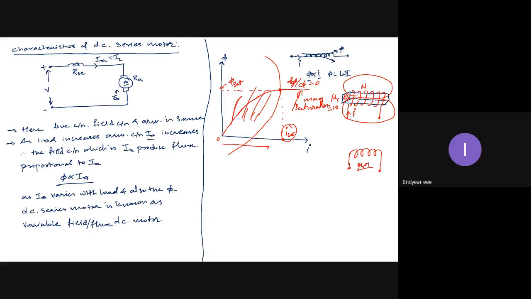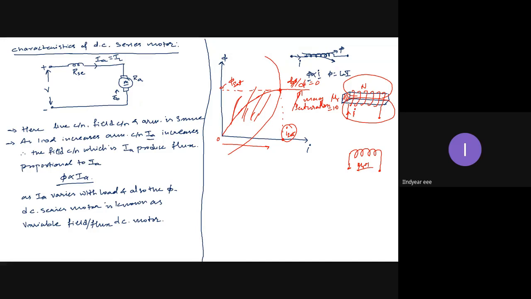So the number of turns in a DC series motor should depend upon the maximum value of current that the DC series motor can carry, because it is the turns into current that will decide the flux. Flux is always proportional to ampere turns. If ampere turns are high, flux produced is high. If flux produced is beyond the saturation point, then the core will enter the saturation region. Then until the core comes back from the saturation region, my energy conversion stops.